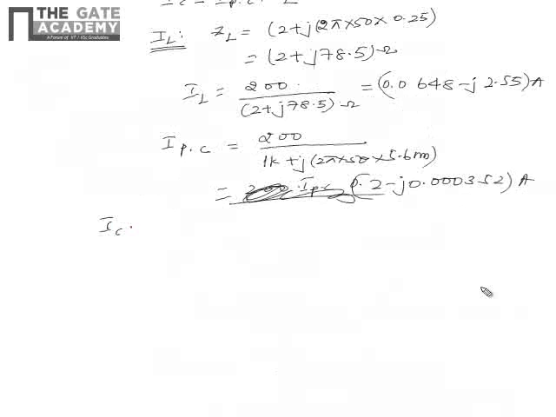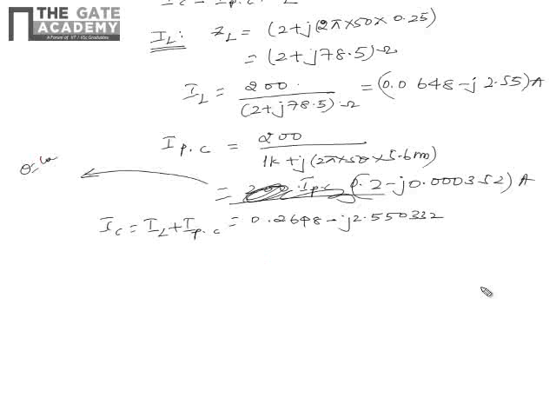So IC is nothing but IL plus IPC, which comes as 0.2648 minus J times 2.550332. Here the phase difference theta is nothing but tan inverse of minus 0.000352 divided by 0.2, so this comes as minus 0.1 degrees.